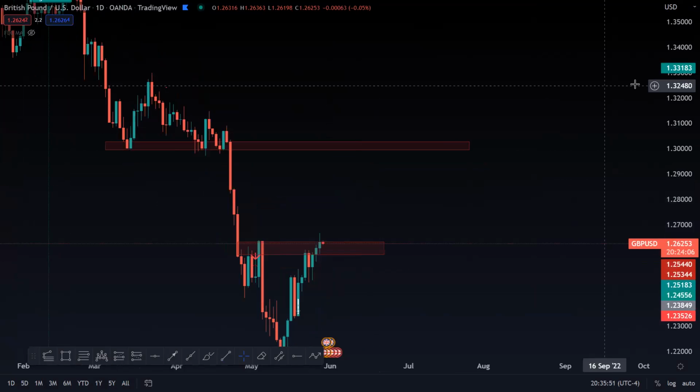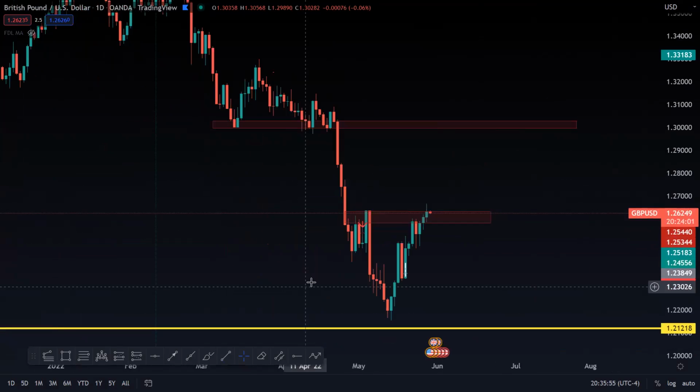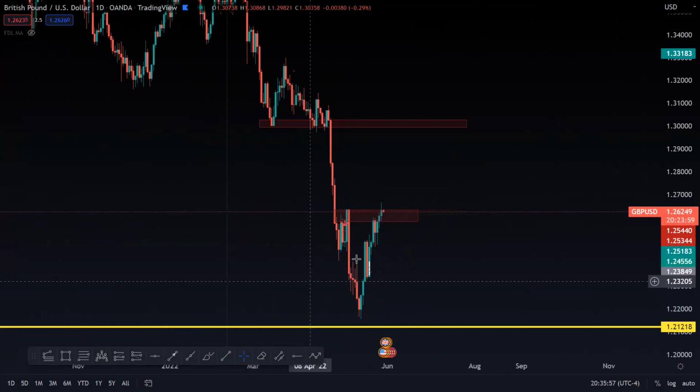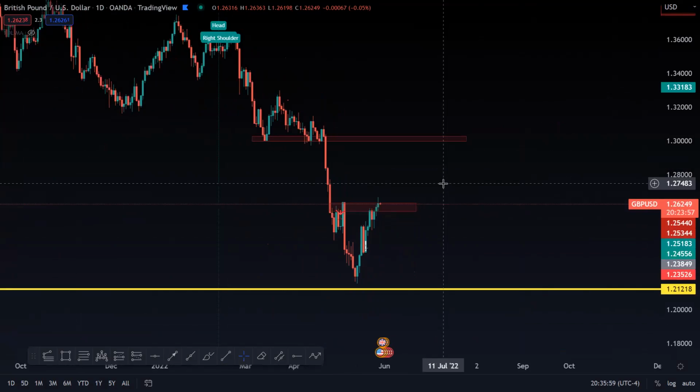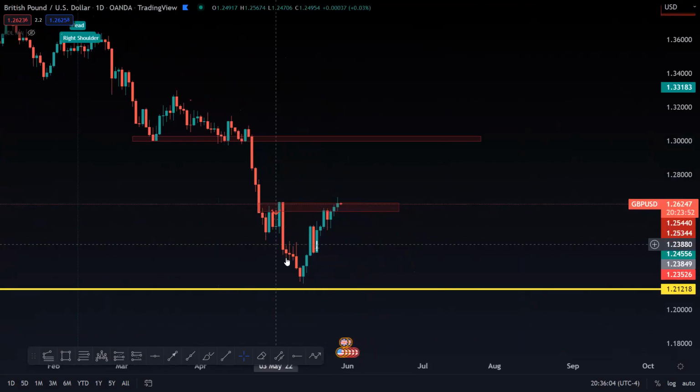Okay, this is the daily time frame, as we can see, and this is one of the major key zones. The price dropped and continued, and then we come up just to have another one.